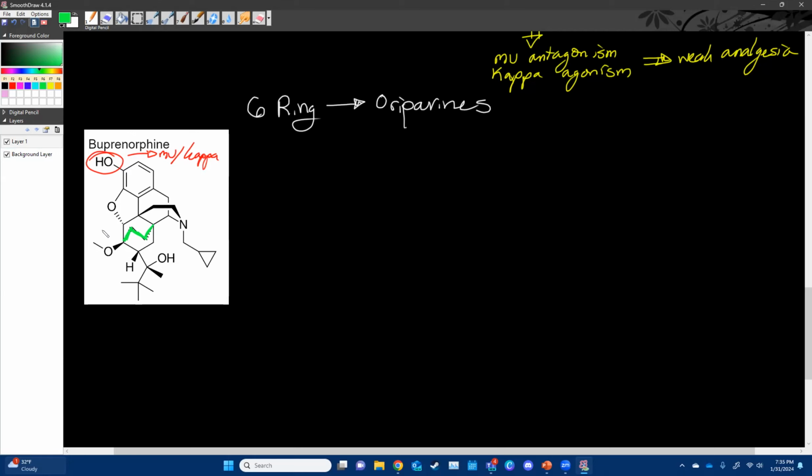So similar in different ways, we have our C3 OH required for mu kappa activity. Let me list them out actually. C3 phenolic OH, requirement for mu kappa.